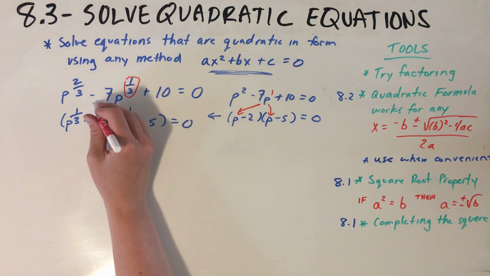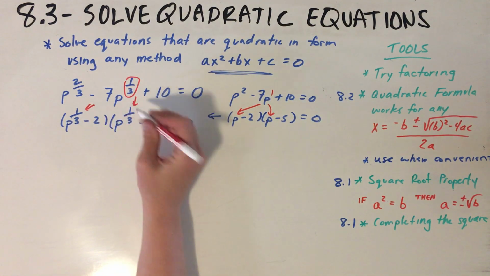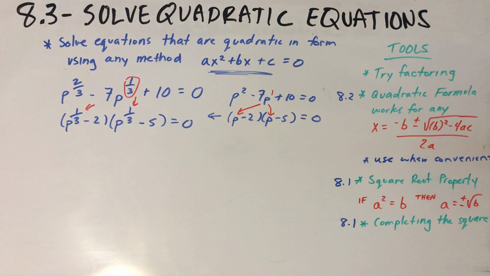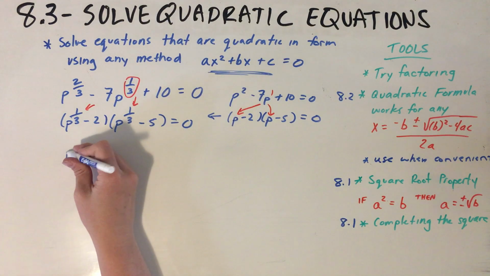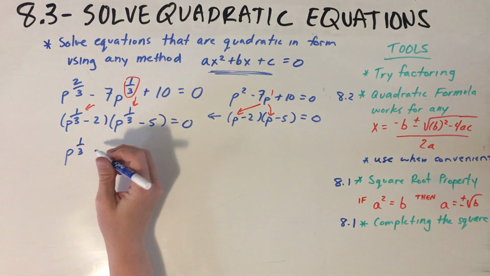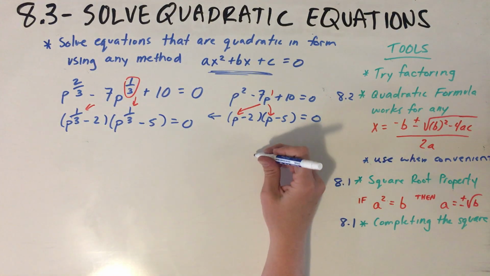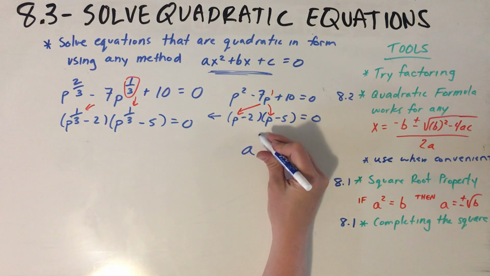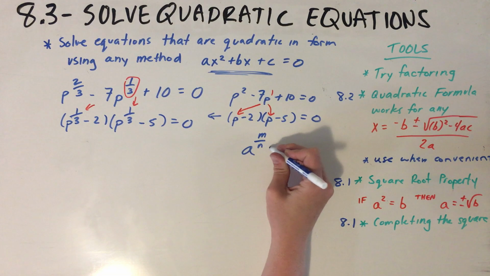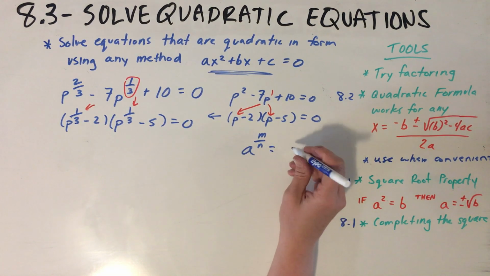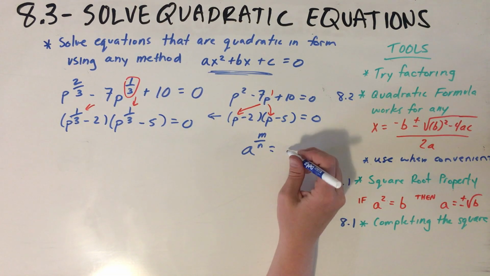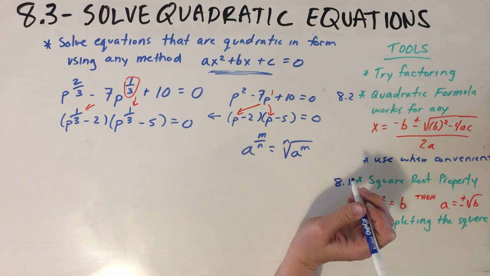Okay, now this might look kind of weird, but I'm going to now set each one of these factors to 0. So I've got p to the 1/3. Remember that if we have anything with an exponent that looks like this, then I can rewrite it like this.